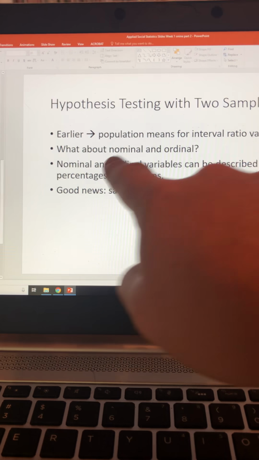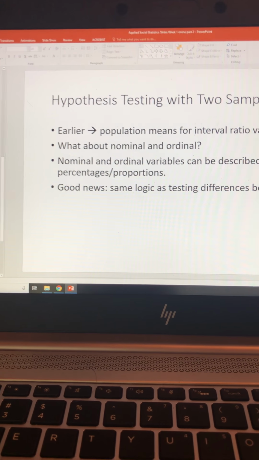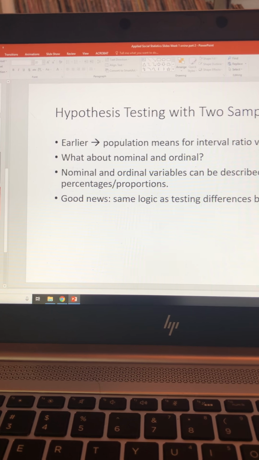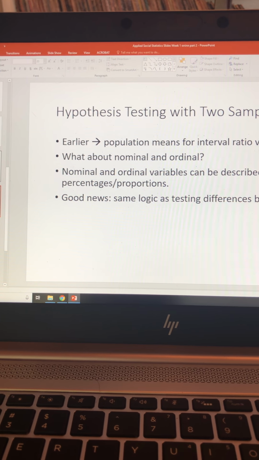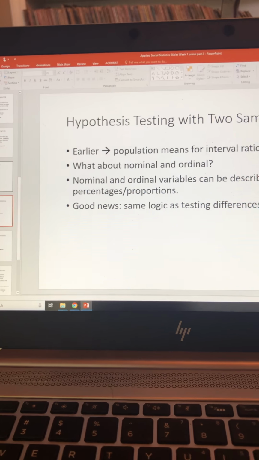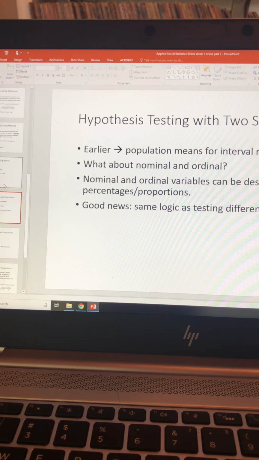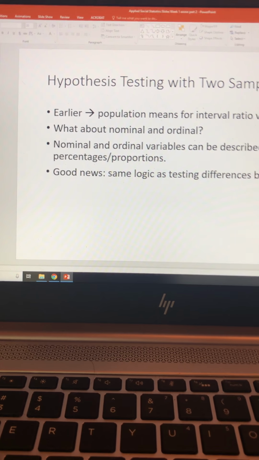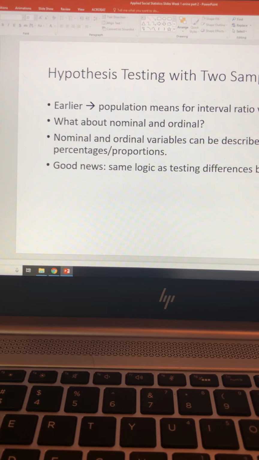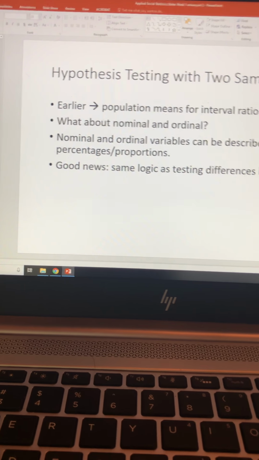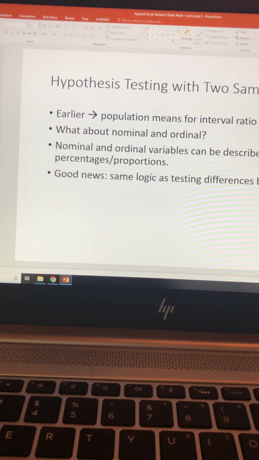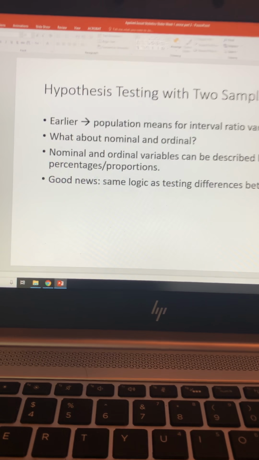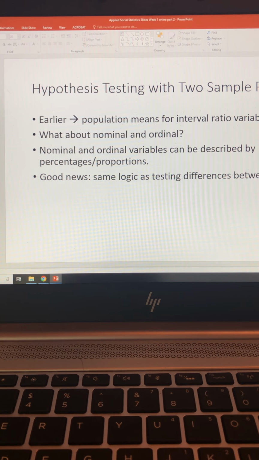We can describe a nominal variable by proportion. It could be something as simple as comparing men and women in terms of the proportion who like chocolate ice cream. This is the only place where you can use nominal or ordinal variables, because proportions we can do for nominal or ordinal. We could do it for interval ratio too, but we can only compare the means for interval ratio variables. So this is the only bit that will deal with nominal or ordinal.